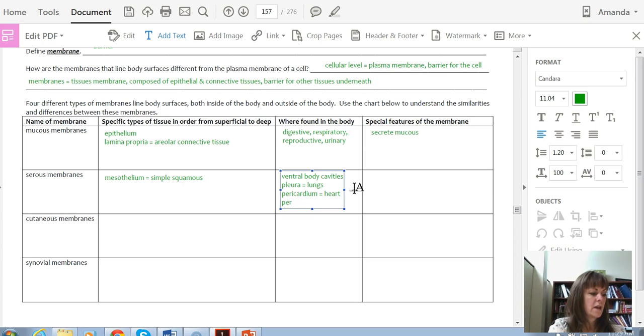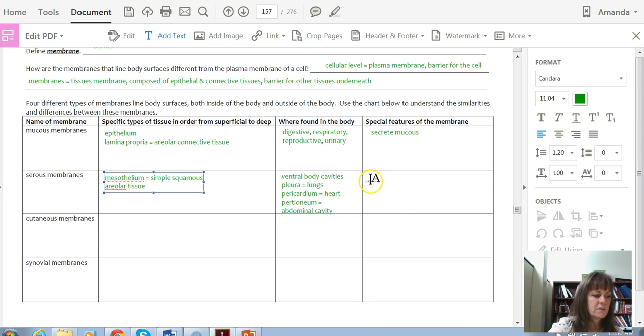And then we're going to have the peritoneum, which is going to line the abdominal cavity. Okay, so we start off with a simple squamous epithelium called a mesothelium, and then underneath we're going to have areolar tissue. Okay.